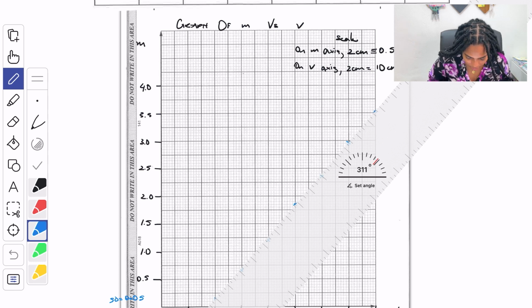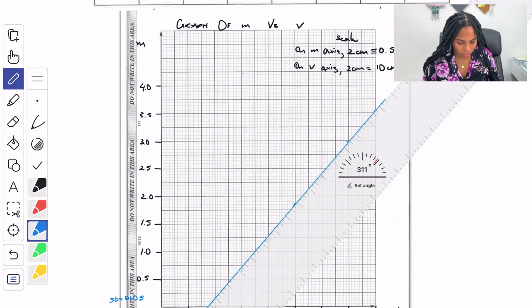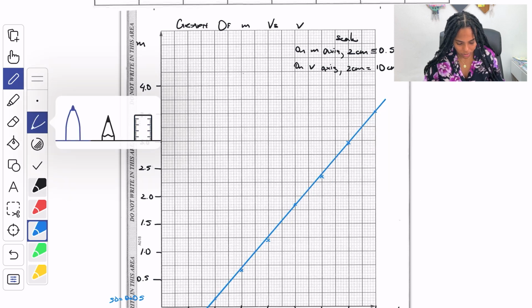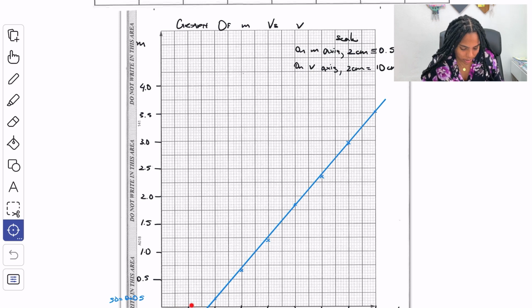So that kind of looks like it would be my best line of best fit. So this would imply that when the magnification is 0, the image distance is whatever this is. That looks like 17.5 or something like that.